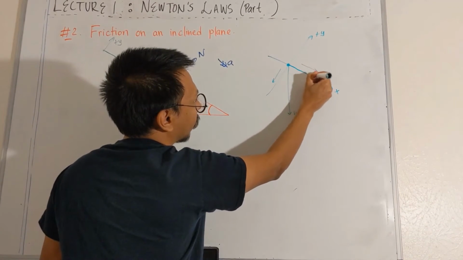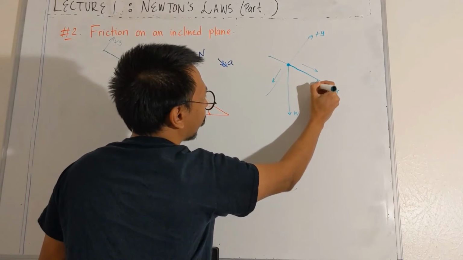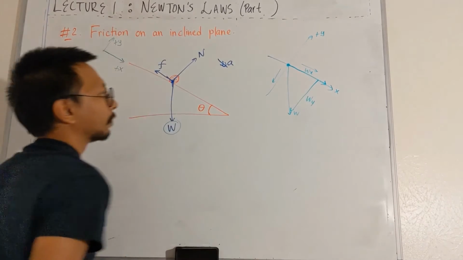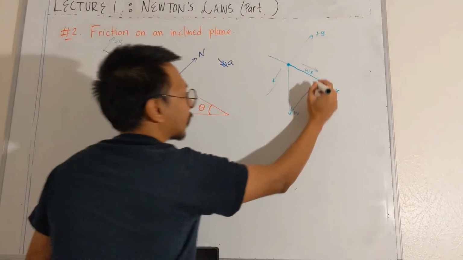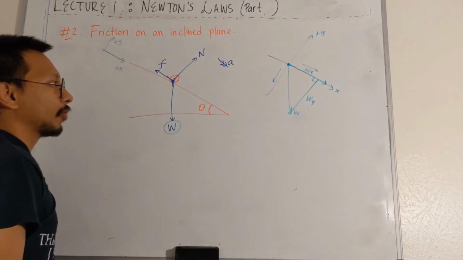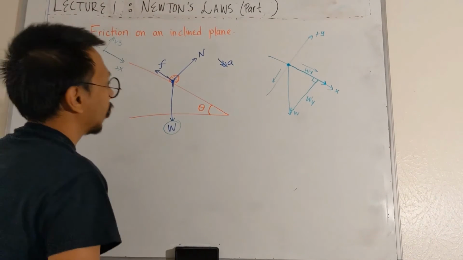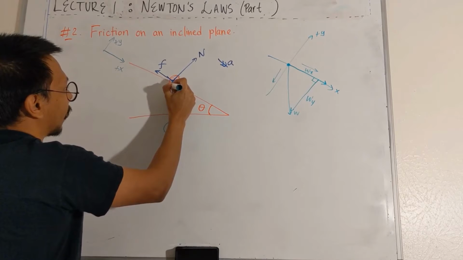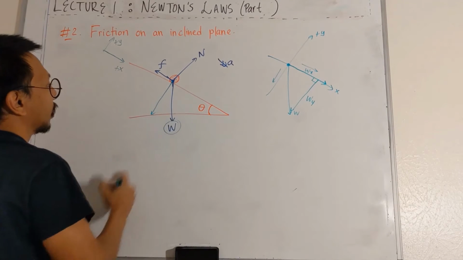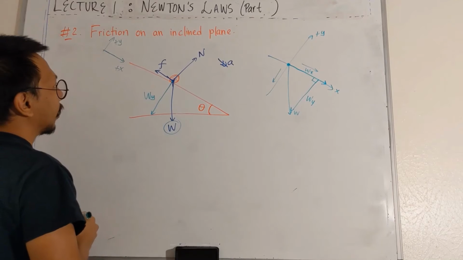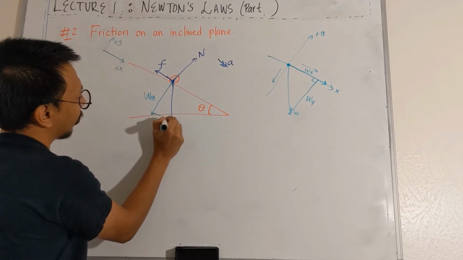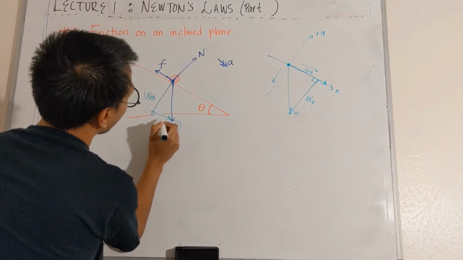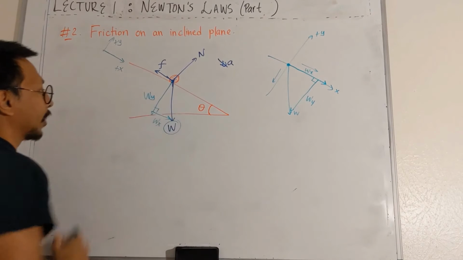So the components would look like these. This we call wx, this we call wy. Like always, the two components intersect at 90 degrees. On this diagram, we have the y component along the negative y-axis and the x component along the positive x-axis, forming a right angle.